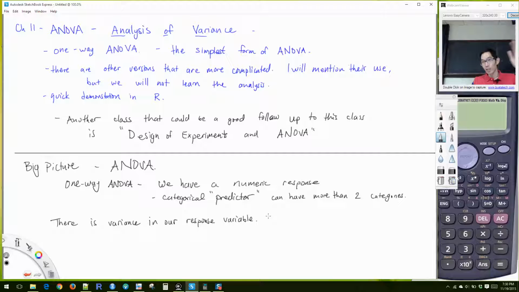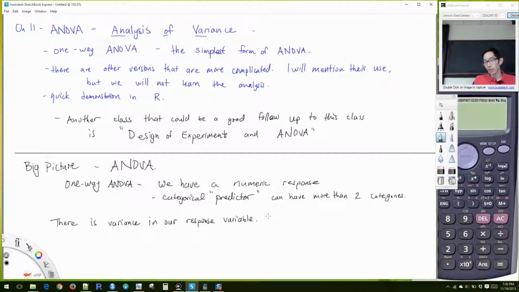They're going to have different heights. So that's just variance. What we could do is try to explain part of that variance. We could say part of the reason why people have different heights is because in general men are taller than women, so some people have different heights because there are men and there are women.